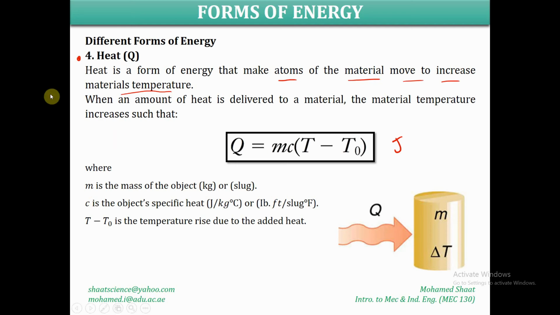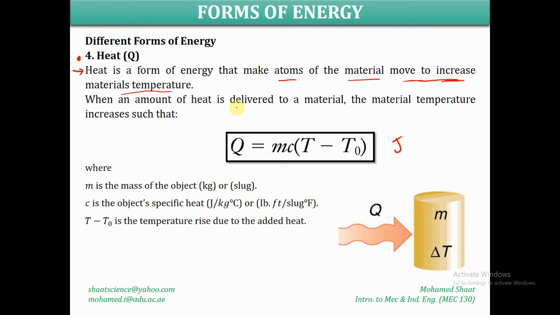Again, heat is a form of energy needed to change the temperature of a material, and mostly it is used to increase the temperature as long as the heat is delivered to the material.